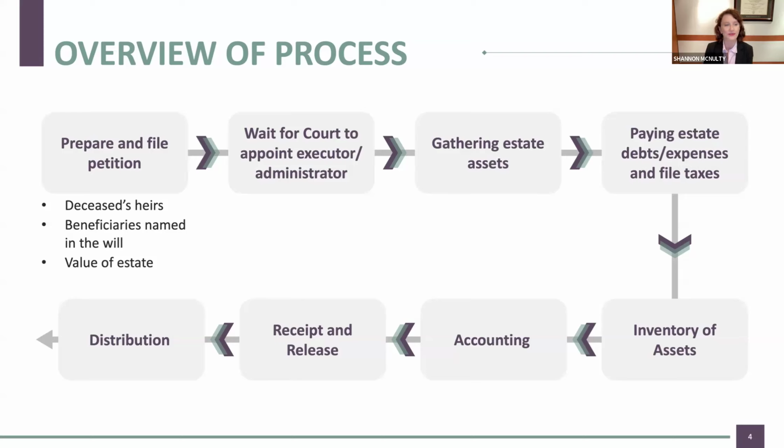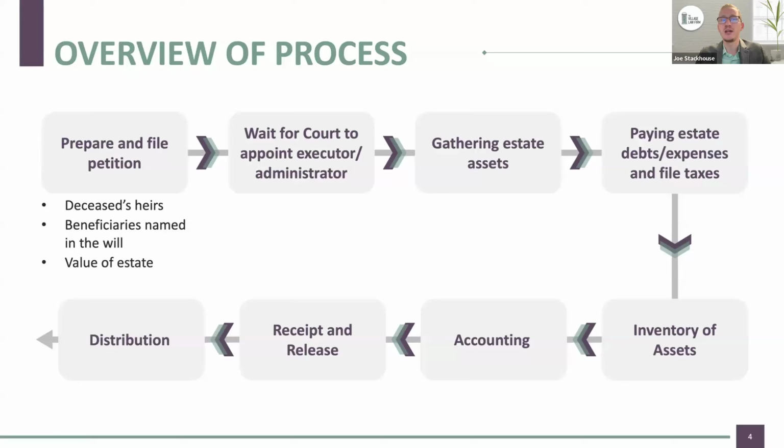Once we've determined whether a probate or administration is necessary, and whether a regular or small probate or administration is necessary, then we'll prepare and file all the paperwork with the court. The information we typically need to include is, if there's a will, who is appointed as the executor.